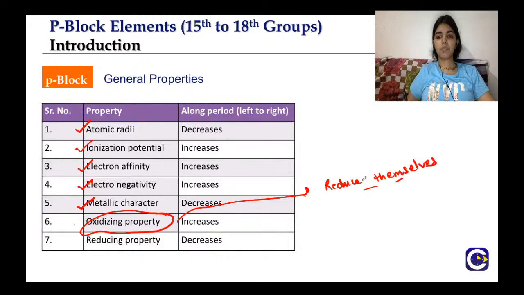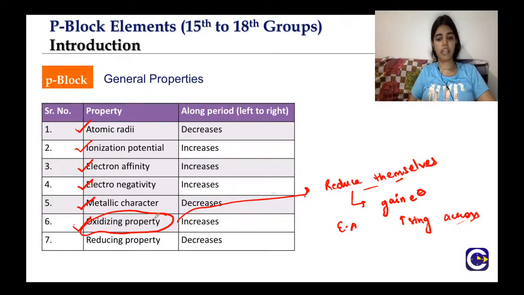Reduce means they will gain electrons, and electron affinity is increasing across the period. That means the tendency to gain electrons is increasing, so elements on the right-hand side of the period tend to reduce themselves and oxidize others. Therefore the oxidizing property increases.